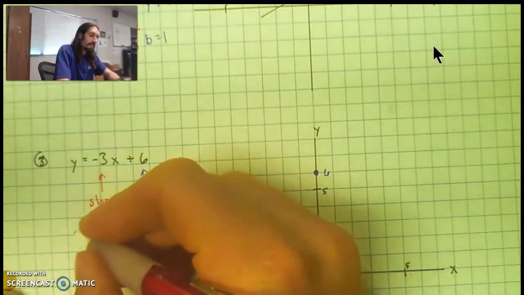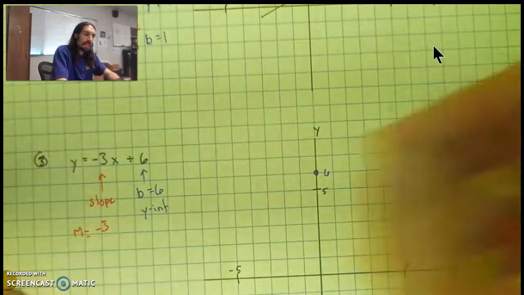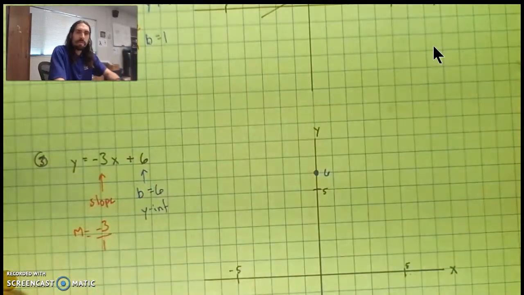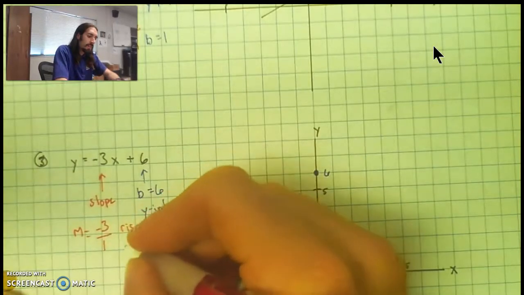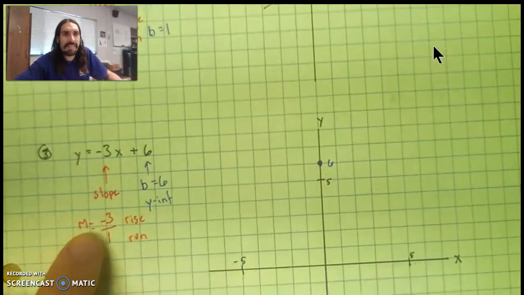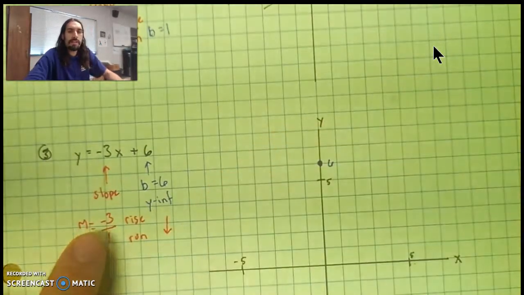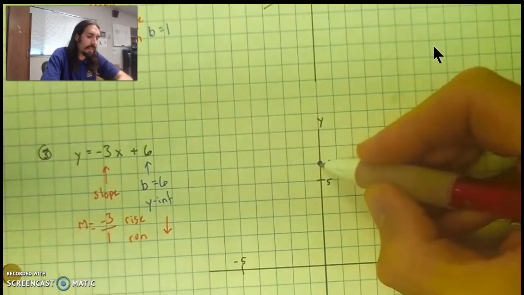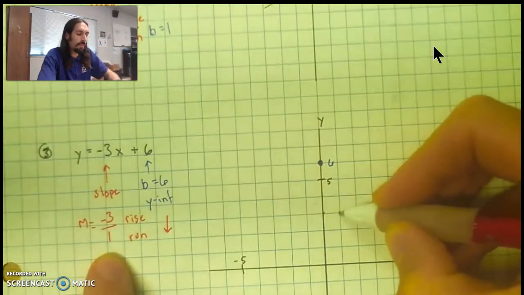And here's where it's interesting. At face value, I don't have a fraction. But remember, you can make any number over 1. Okay? And so if we think about our slope being rise over run, this begs the question, well, now our rise is a negative 3. The fact that that's negative means that I am going down. So when I start at positive 6, I'm going to count down 1, 2, 3, and then I'm going to go to the run of 1.